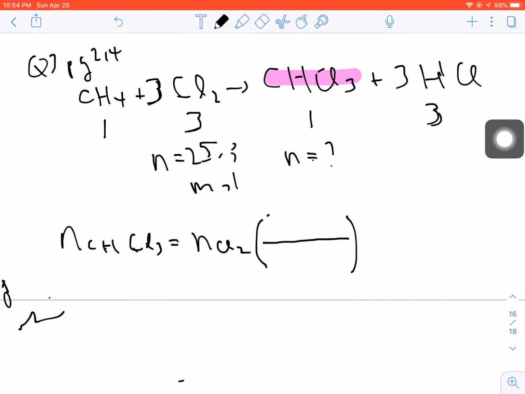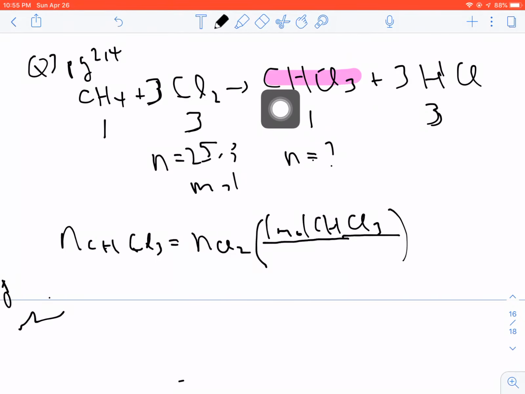So I'm going to put 1 mole of CHCl3, and I'm trying to get rid of the moles of chlorine. So I can see that when 1 mole of this is made, 3 moles of chlorine were used. So I'm going to put 3 moles of chlorine.